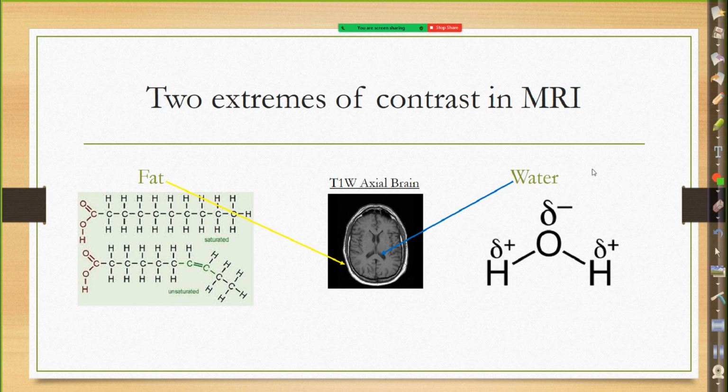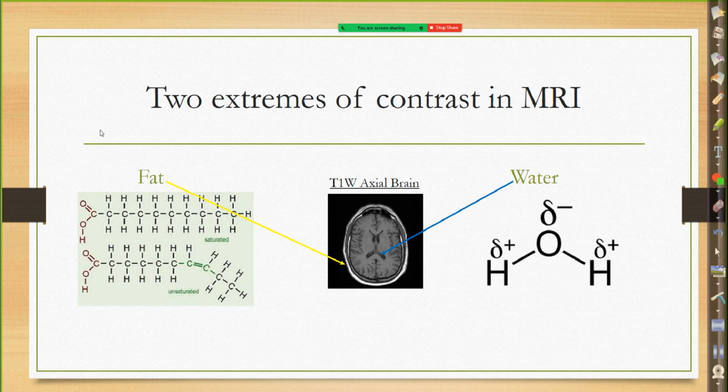And water, or CSF, remember, which is in our lateral ventricles here, is dark. And we'll get to why that is on a T1 weighted in a little bit. But just notice how our two extremes have a different shade or intensity in our T1 weighted image.